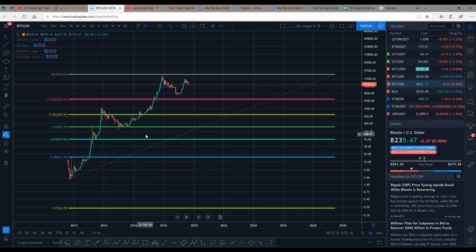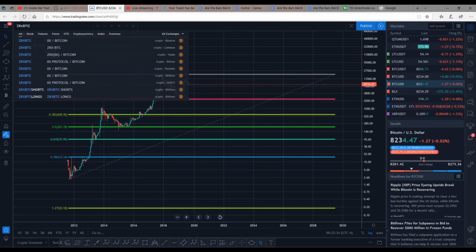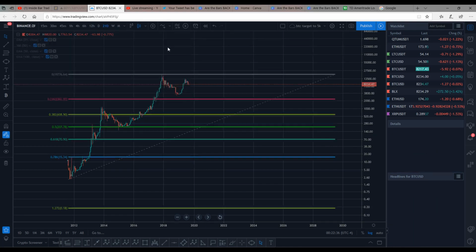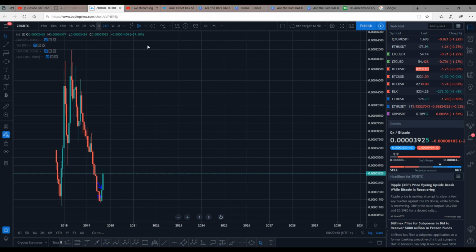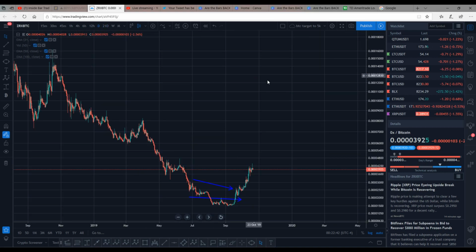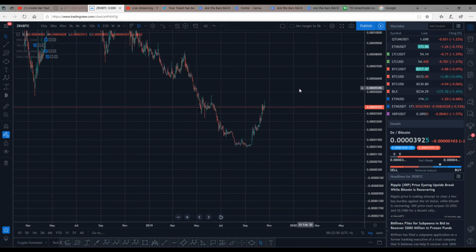So Xerox, somebody asked about Xerox. Let's take a look at Xerox. Xerox BTC giving us a nice bottom, guys.